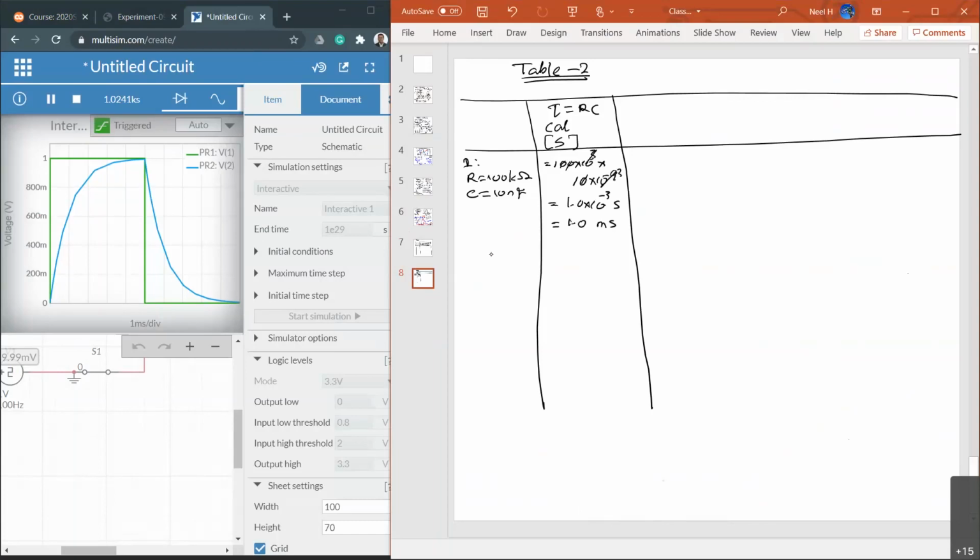Now you can see, if I tried to do this experiment using these numbers manually, I couldn't do it, right? If you get some time, take a look at the capacitance charging and discharging experiment at the very end. We had a large time constant there. We used a capacitance value of about 0.1 farad, and the resistor value was about 10 ohms, or 100 ohms, or 50 ohms, I think. The calculated time constant was about 5 seconds or 10 seconds or so.